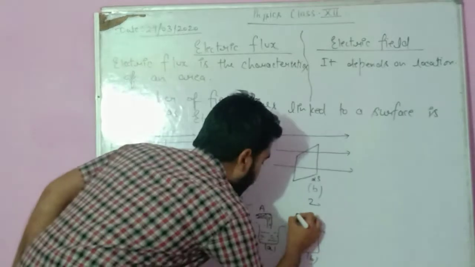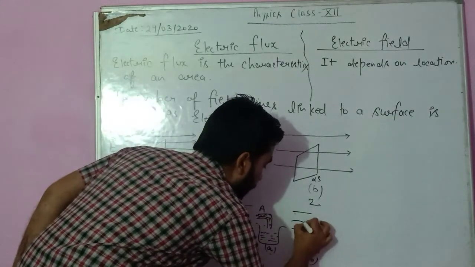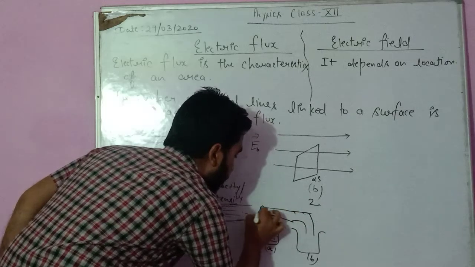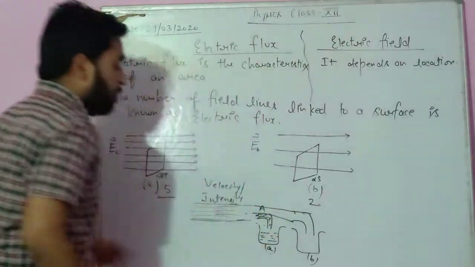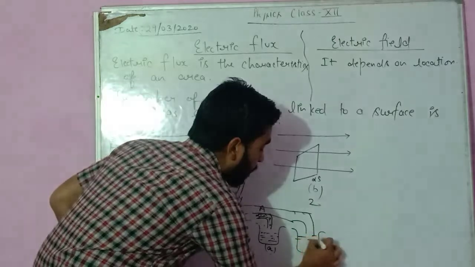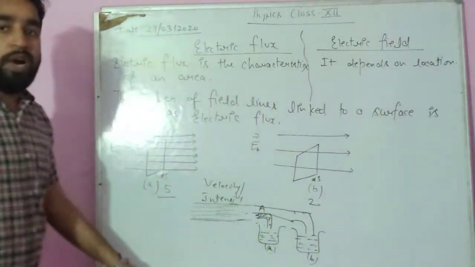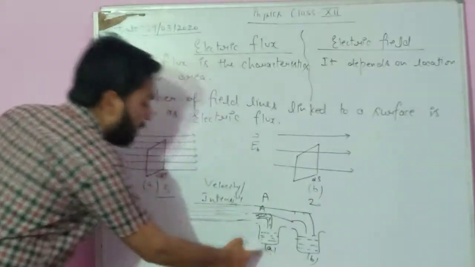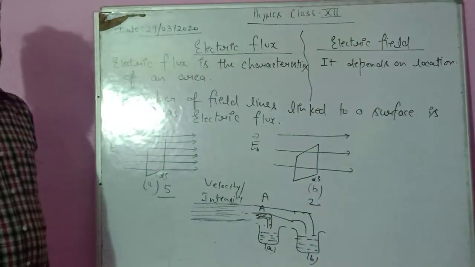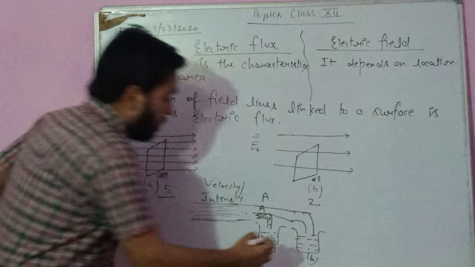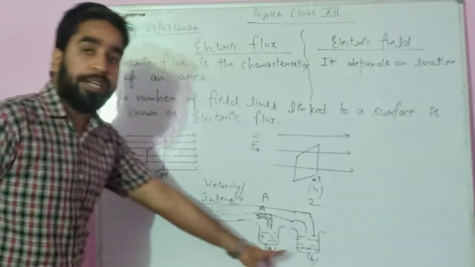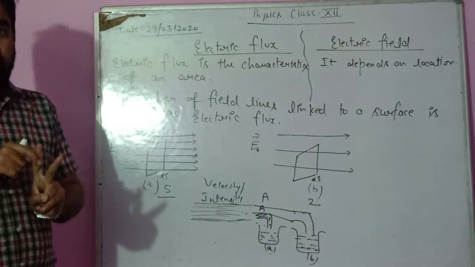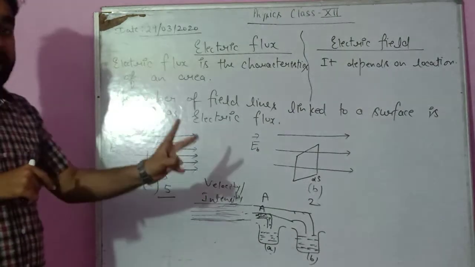In a similar way, suppose I have kept a slightly greater pipe. What will happen? More water will enter here. Why? Because it has greater area as compared to figure A. So we can say that the water entering here depends on two things: one is intensity and another is area.